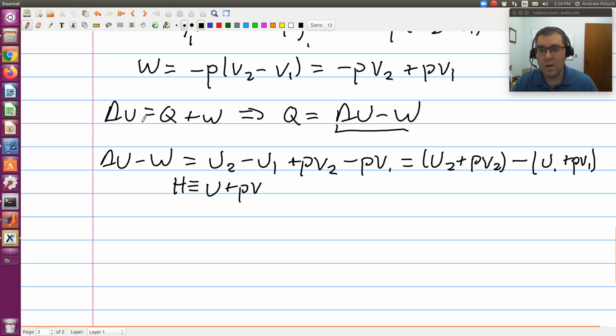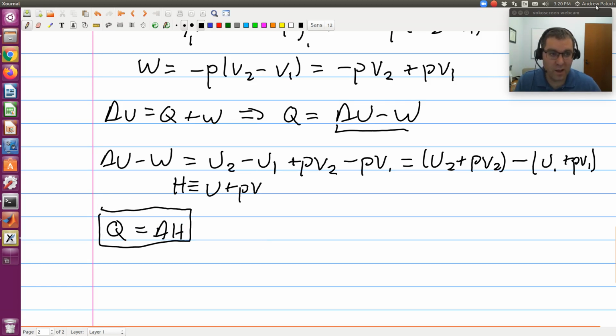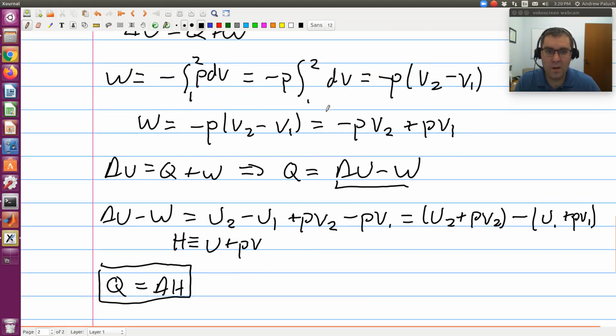So Q is equal to delta U minus W, where delta U minus W for my isobaric case is equivalent to delta H. So oftentimes for our isobaric case, we'll just write down Q is equal to delta H. And then W is equal to negative P times (V2 minus V1).